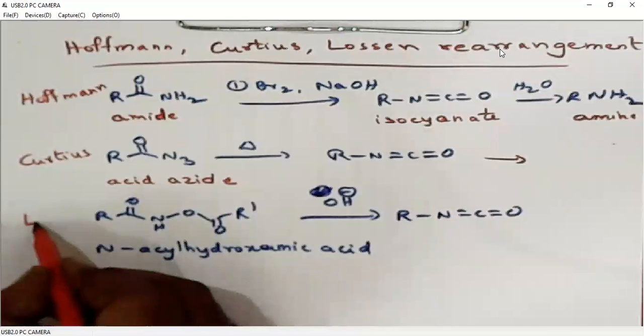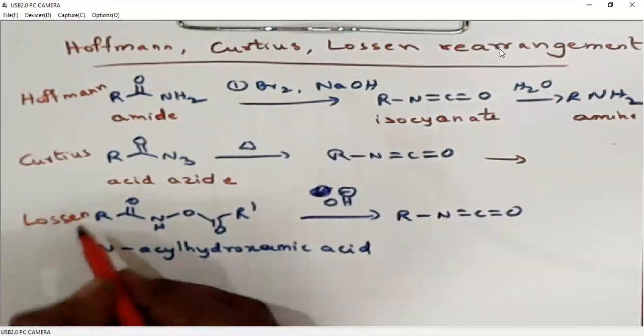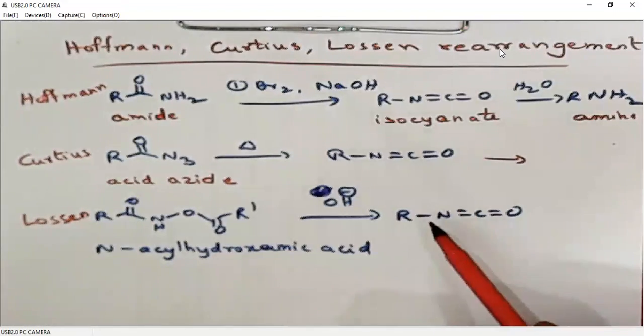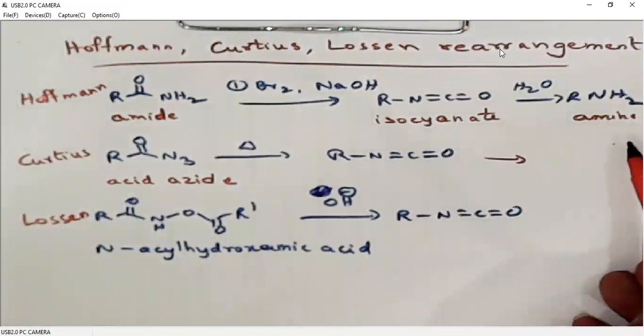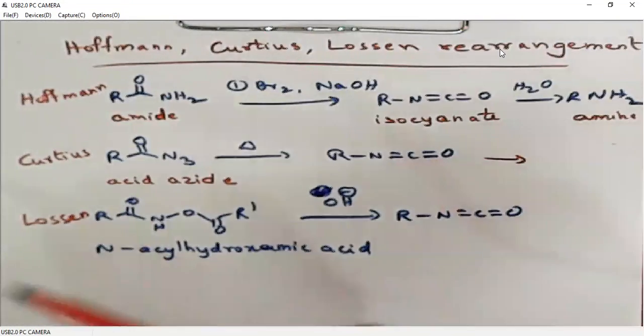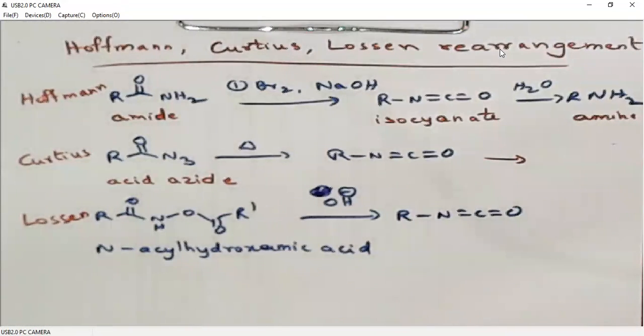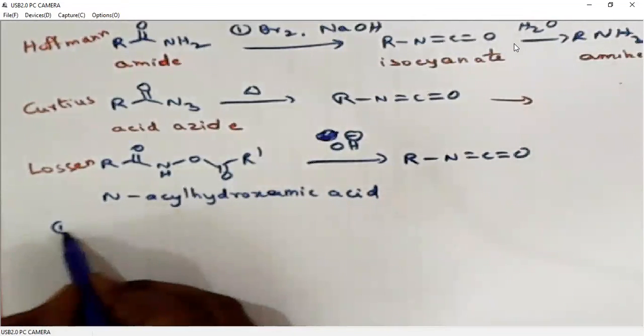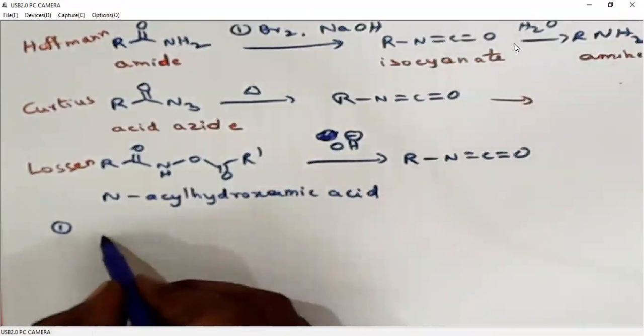This is called Lossen rearrangement. So Hofmann, Curtius and Lossen rearrangements involve isocyanate generation, and that can be converted to amine upon water treatment. Okay. Now we will see the mechanisms for the reactions one by one.